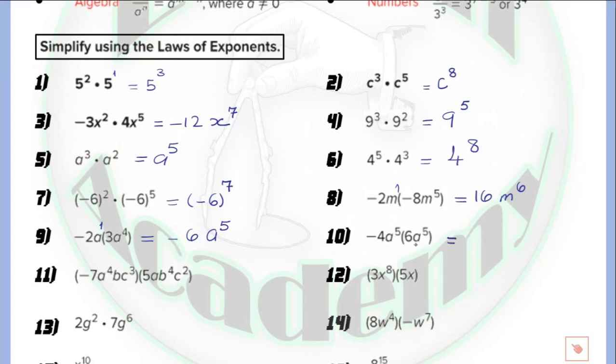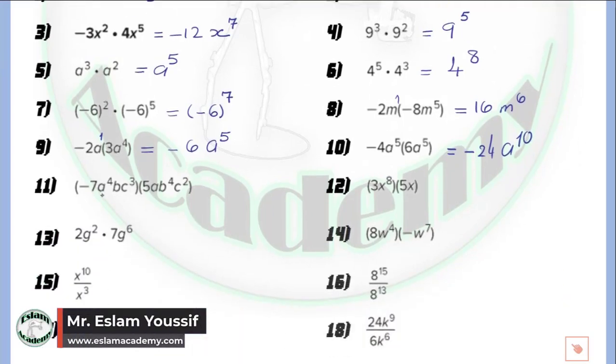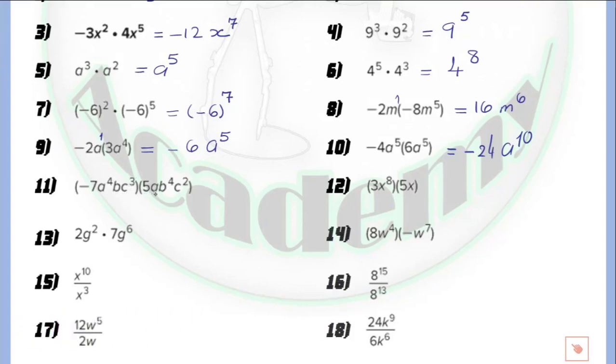In question number 10, we have negative 4a power 5 multiplied by 6a power 5. Negative 4 times 6 equals negative 24. And a power 5 times a power 5, the answer would be a power 10. In question number 11, we have negative 7a power 4 b c power 3 times 5a b power 4 c power 2.